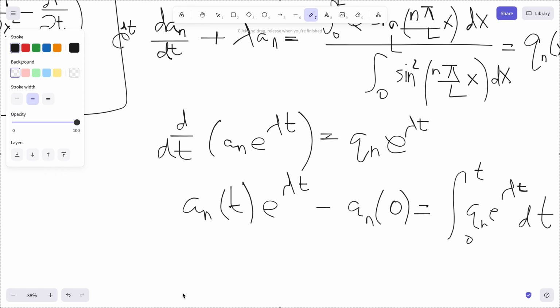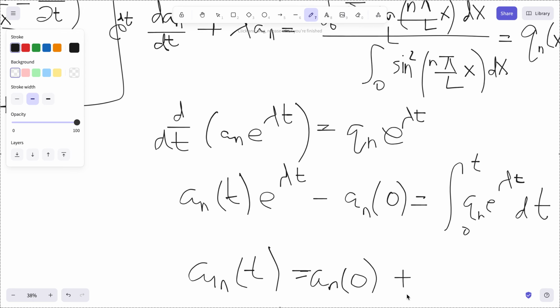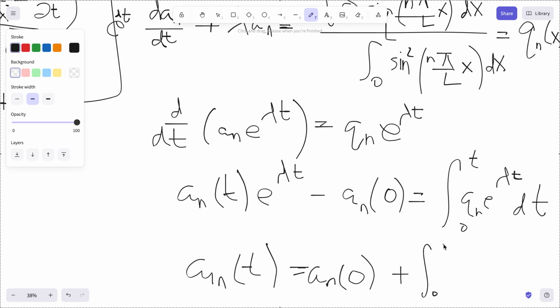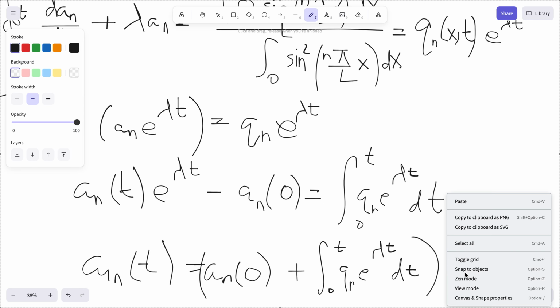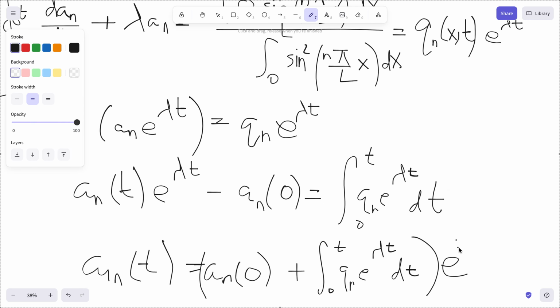And then simply rearranging the terms gives us the formula for a sub n of t equals a sub n of 0 plus the integral from 0 through t of q sub n e to the lambda t dt, multiplied by e to the minus lambda t.